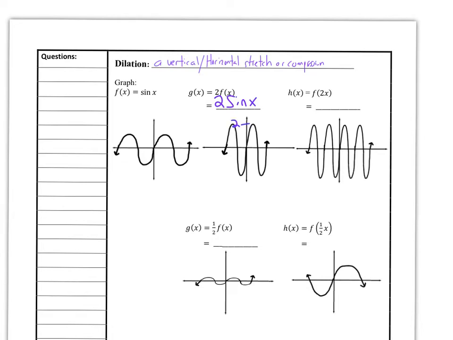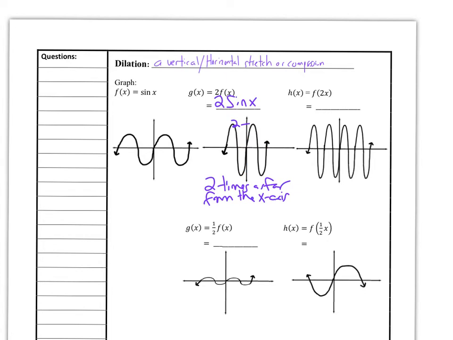So we have done a vertical stretch here, and we say this is 2 times as far, or 2 times farther from the x-axis. So 2 times as far from the x-axis, because it grew. It stretched this way, it stretched this way, and it grew from the x-axis from the middle. Okay?